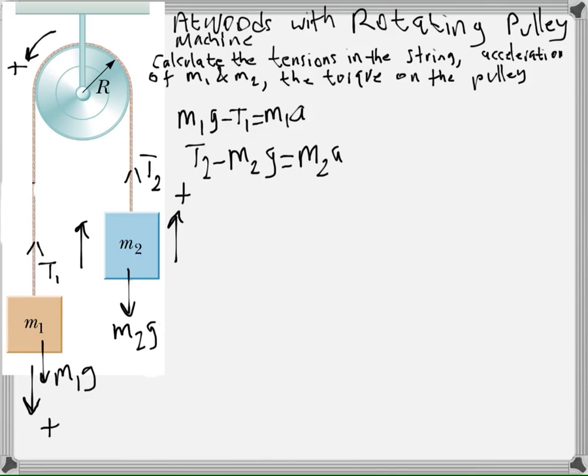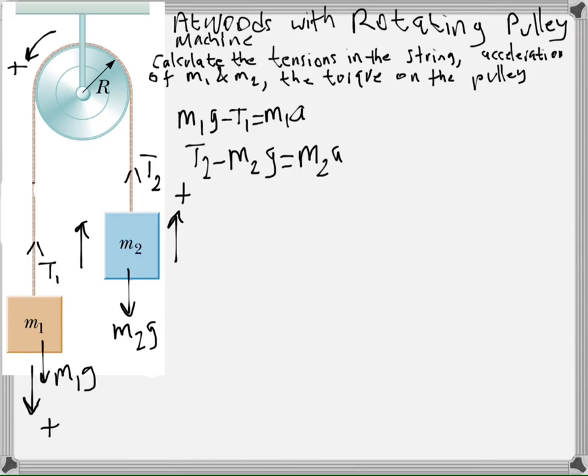But in here they're not equal. Okay. So the third equation, as you might guess, will be the torque equation for the pulley. And for the pulley, rotating in the counterclockwise direction is plus.